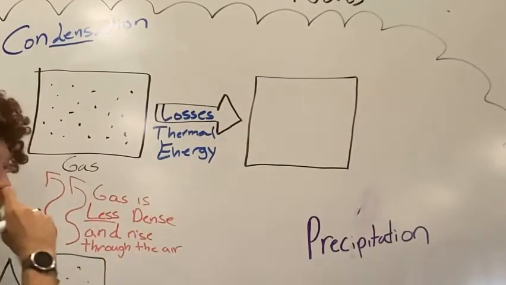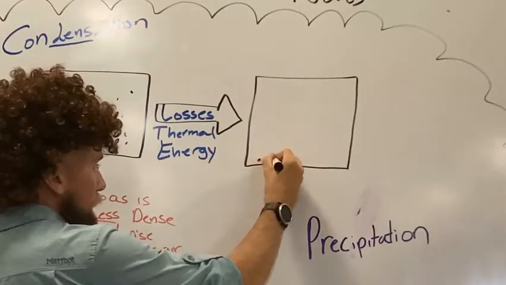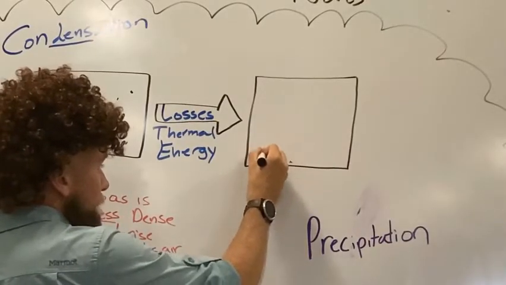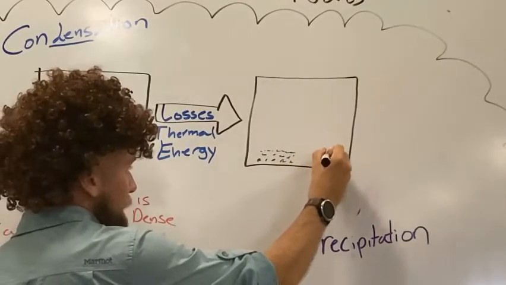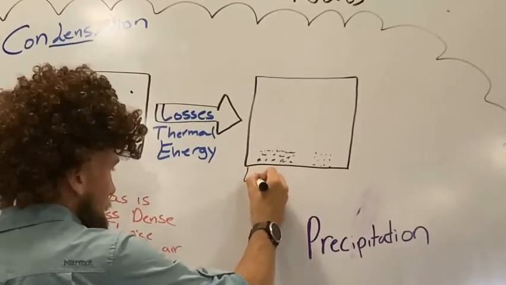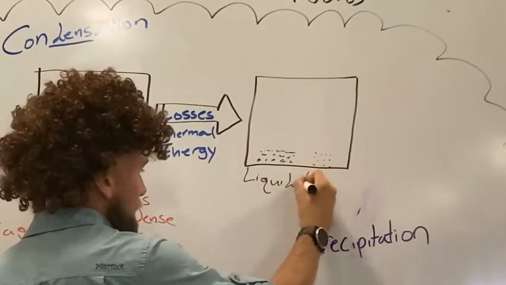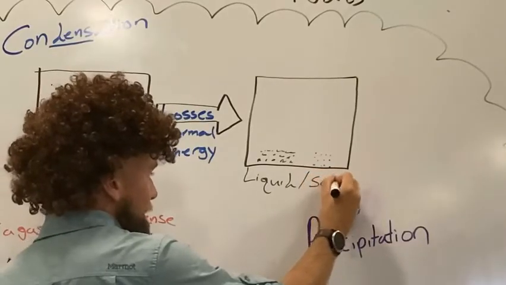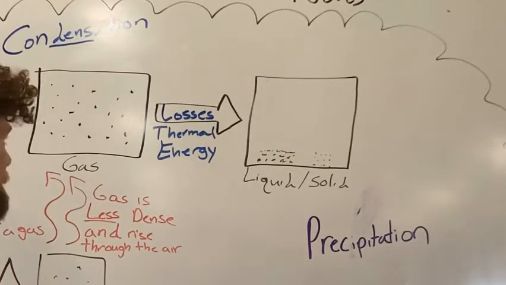All of those little happy molecules are going to join together so that they can form back into a liquid, or in some cases, will even form a solid. So it is going to go from its gas state to its liquid, even a solid state, in some situations, if the temperature is cold enough.